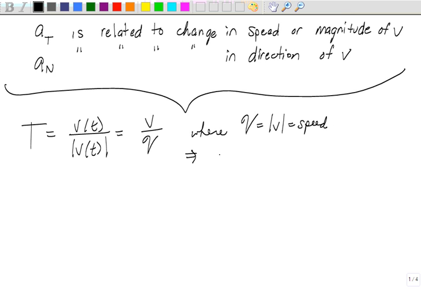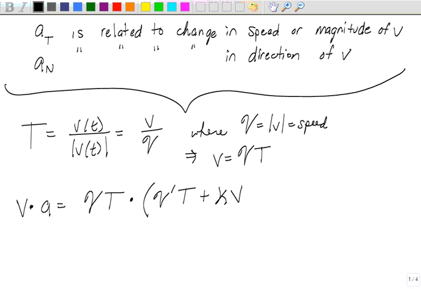So we know that the velocity is the speed times the unit tangent vector. So when we take v of t dotted with a, not cross, dotted, sorry, with v prime T plus curvature v squared N, that's what a is.